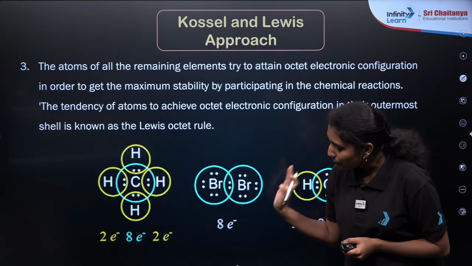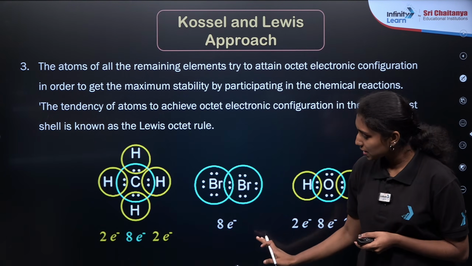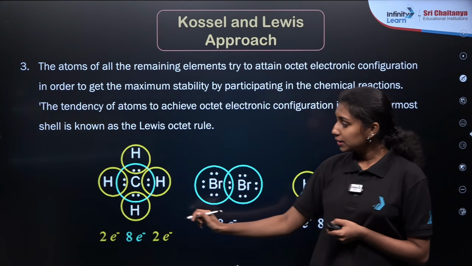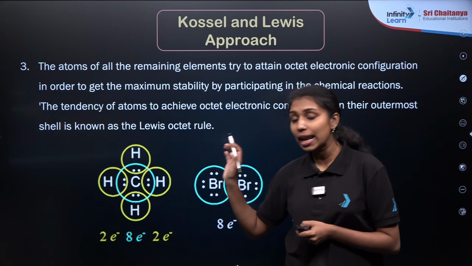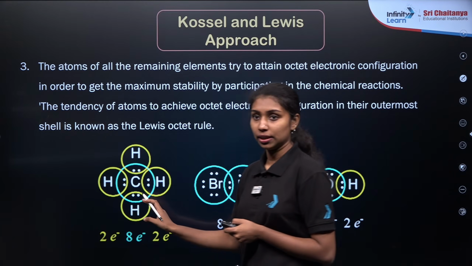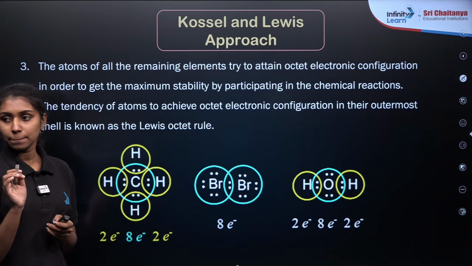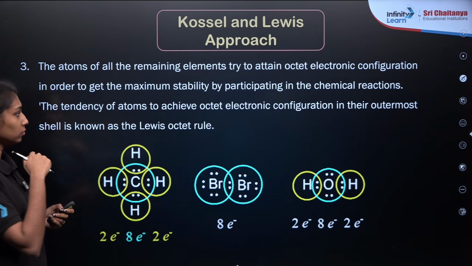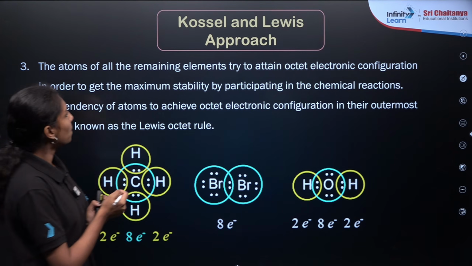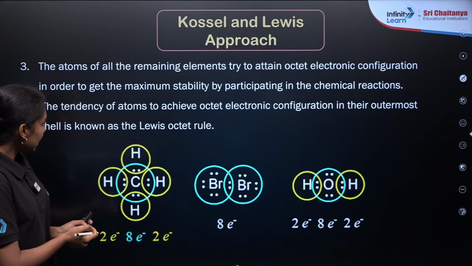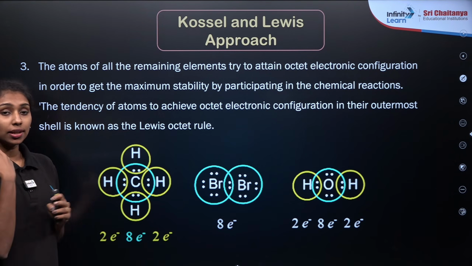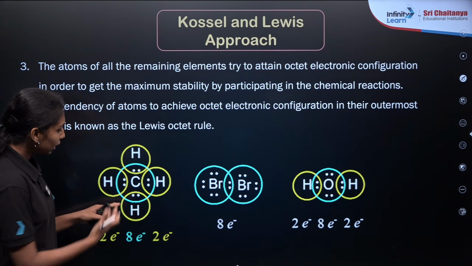Here you can see some images. I hope you can see the images given here. This is the molecule CH4, the methane molecule. These dots represent the number of valence electrons present in each element. For example, in the case of carbon and hydrogen, the CH4 molecule is formed by the sharing of electrons between carbon and hydrogen.